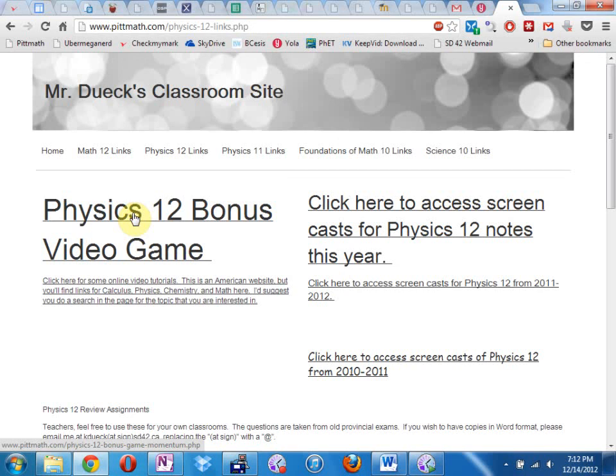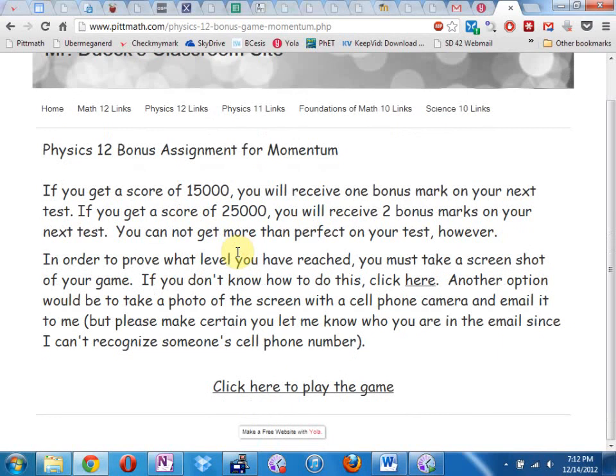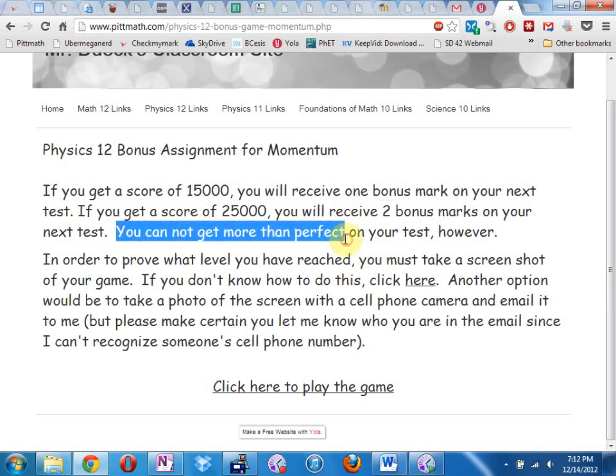What's that, you ask? Well, click on it. This is going to give you up to 2 bonus marks on your momentum test. If you get a score of 15,000, you'll get 1 bonus mark on your next test. If you get a score of 25,000, you'll get 2 bonus marks on your next test. However, I won't let you get more than perfect on your test.